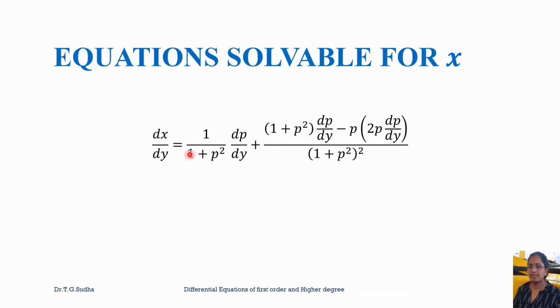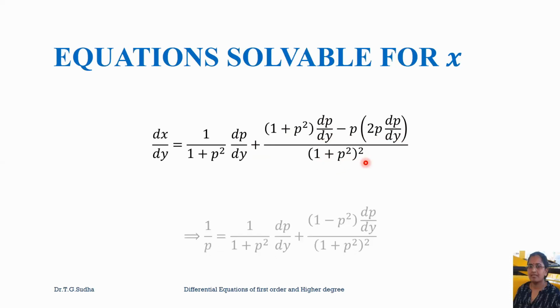And on the right hand side, tan inverse p gives us 1 over 1 plus p square into dp by dy, plus the derivative of p by 1 plus p square. So denominator into derivative of the numerator, that is dp by dy, minus numerator, that is p, into derivative of the denominator. So derivative of 1 is 0, and p square gives us 2p into dp by dy. This whole thing divided by the denominator square, that is (1 plus p square) whole square.